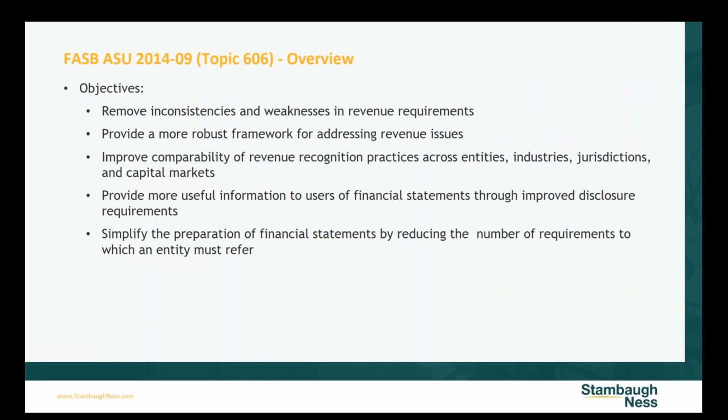The objectives, when they really looked at it, were to remove inconsistencies and weaknesses in the current revenue requirements. We think about it, there hasn't been significant changes to nonprofit revenue recognition in years. And now we're getting lots of changes: financial statement changes happening, revenue recognition happening, and even some other ones coming up in the next couple of years.